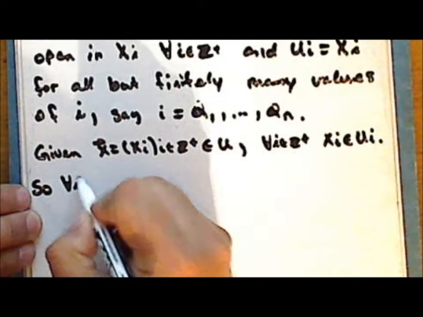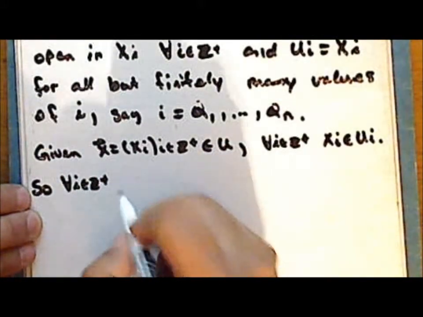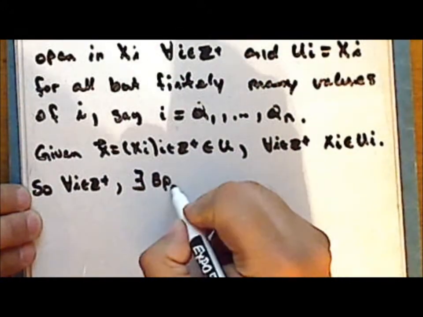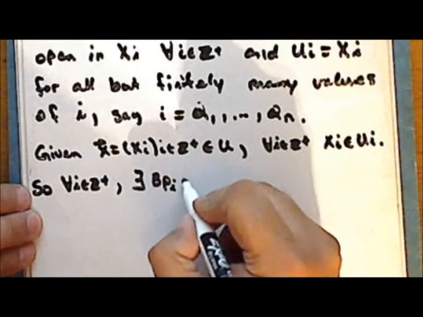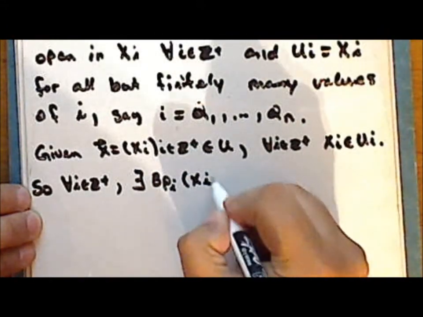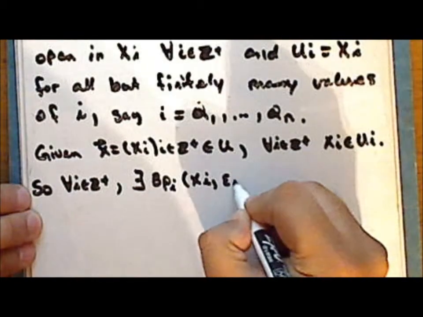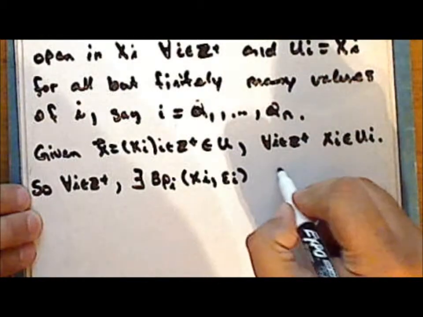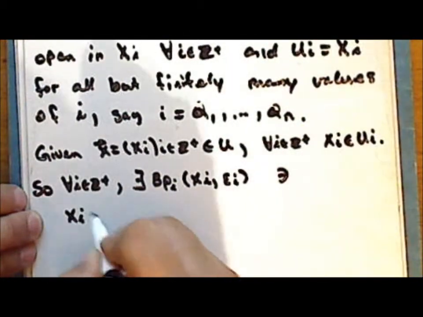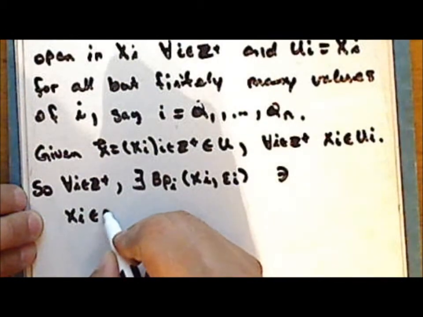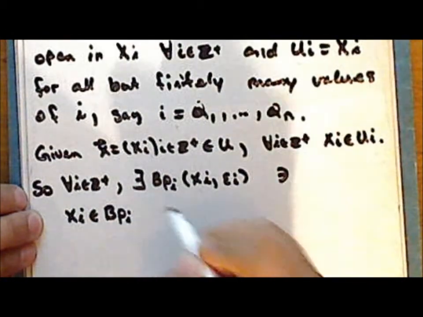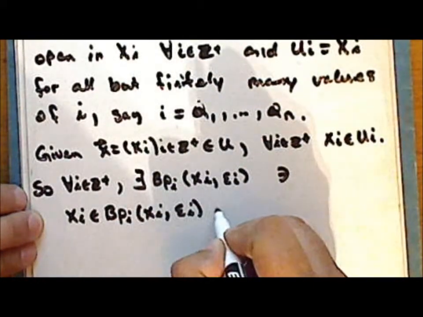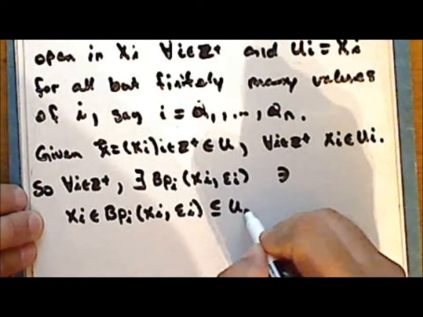So, for every index I, there exists an open ball under the metric rho sub I, centered at that coordinate x sub I, with radius epsilon sub I, so we allow for the radius to be different in each respective space, such that the coordinate x sub I is in the open ball under the metric rho sub I centered at x sub I with radius epsilon sub I, which is itself a subset of the open set U sub I.